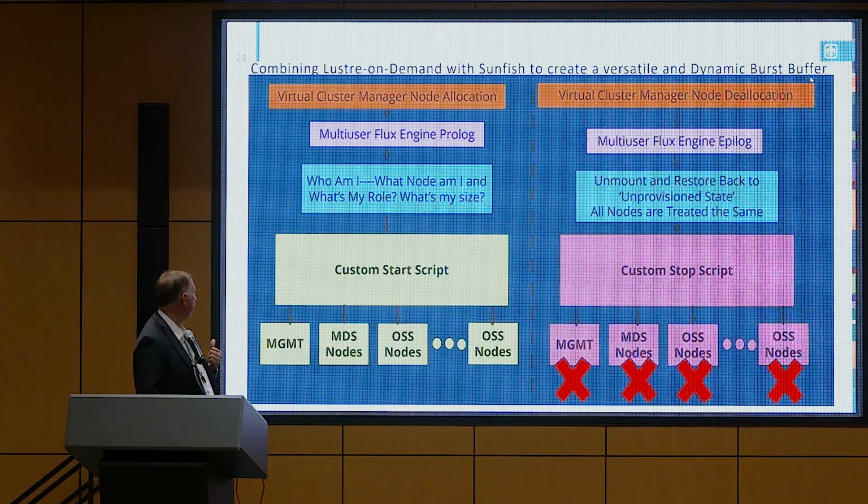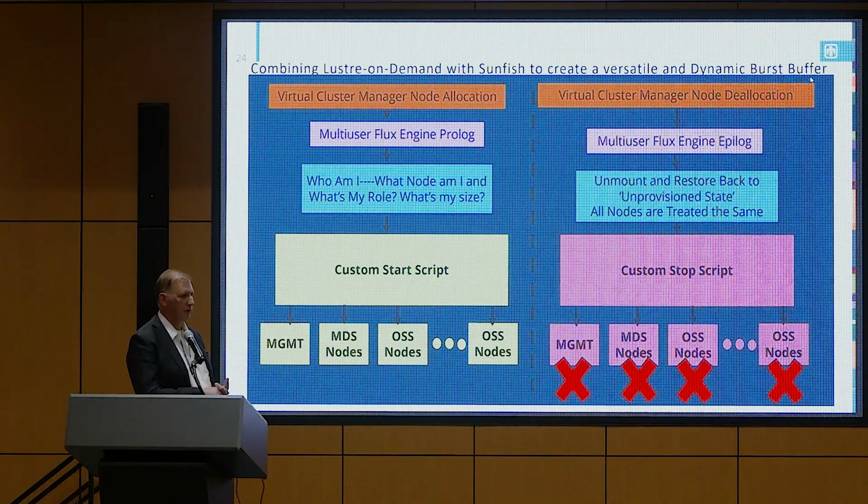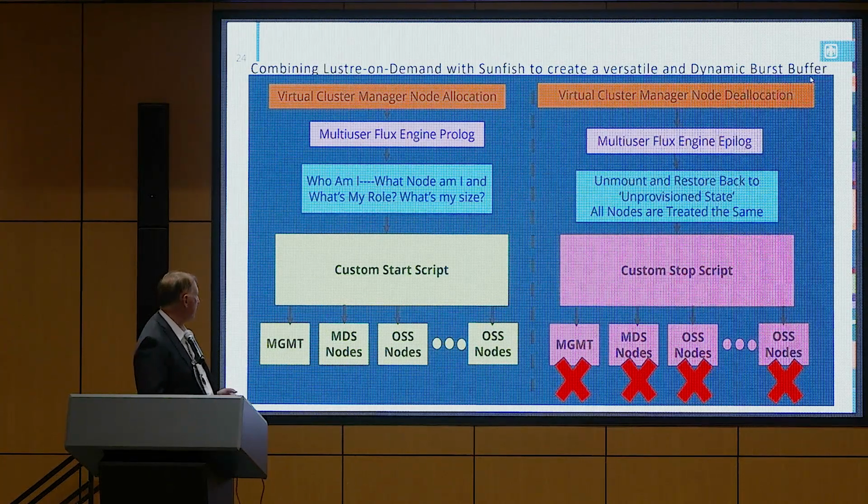We've been doing, like I said, prologs and epilogs. So the prolog would go through and it would ask a question: what kind of a node am I? I'm the lowest node in the allocation. From the lowest node in the allocation, I become the management node and the metadata node. And then in the implementations I've been doing, all of the others are OSTs.